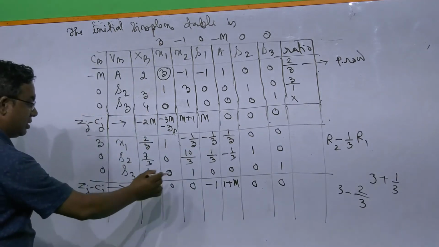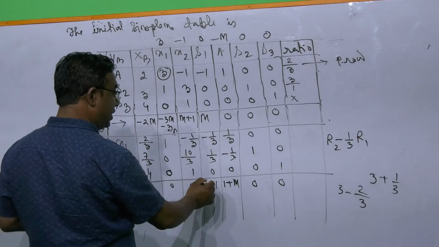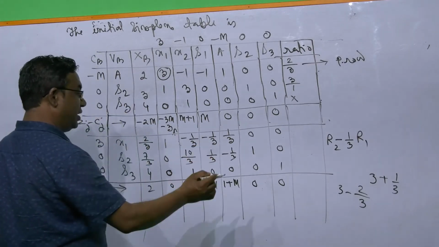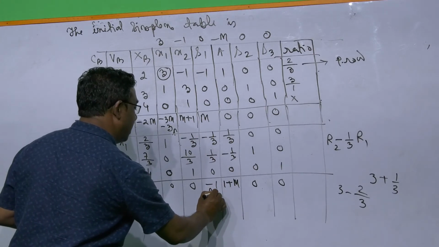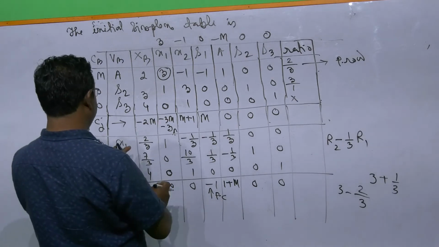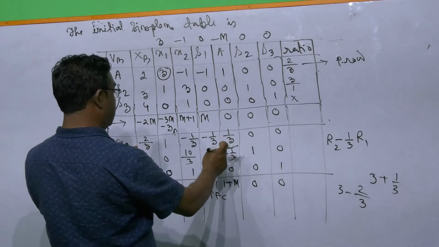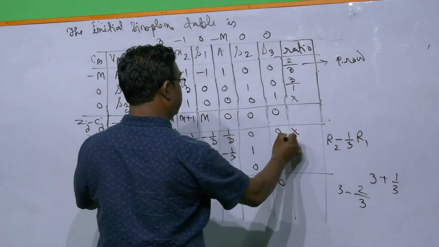Then you check the numbers in the last row, so here is 1 negative, so next we need another iteration. So this is the pivot column again. Then you divide the basic solution by this coefficient; divided by negative we will not consider.